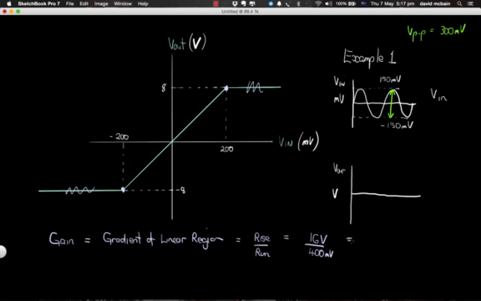We need to have consistent units, so we write that as 16 over 0.4 volts. That equals 40. So the gain of this amplifier is 40. Now remember, the gain has no units.